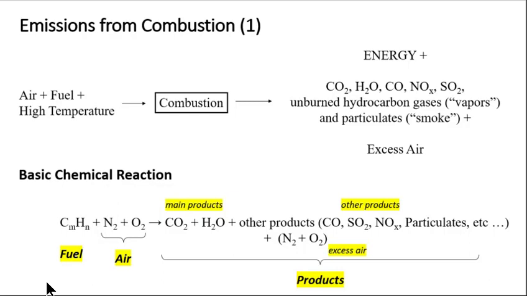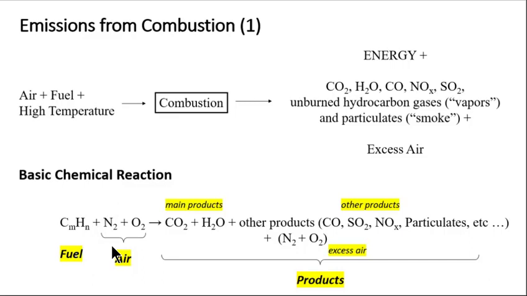For example, if m equals 1 and n equals 4, we have C1H4, or CH4, which is methane. We then denote air by its two main components, nitrogen and oxygen.